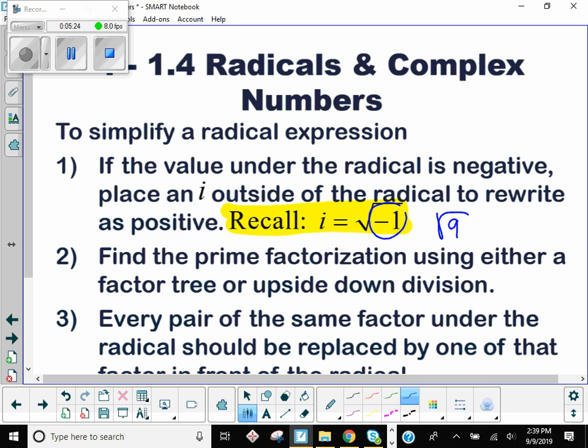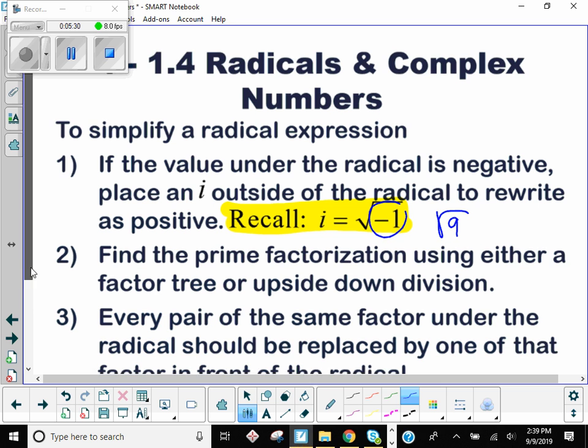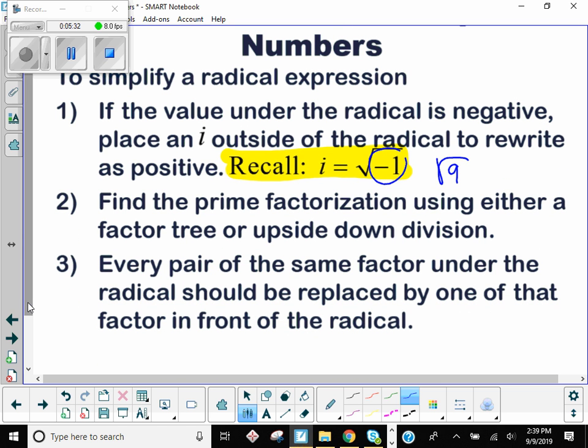So this basically says if the value under the radical is negative, place an i outside to rewrite it as a positive. Step 2, find the prime factorization using either a factor tree, which we did in the warm-up, or upside down division, which I think is like that birthday cake looking method.